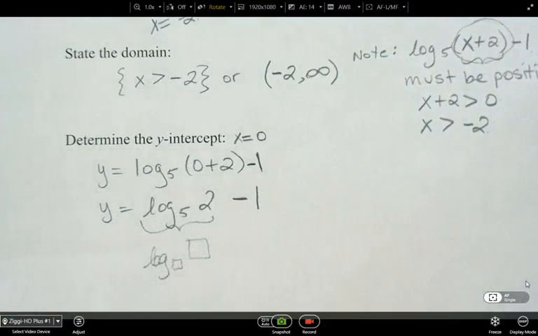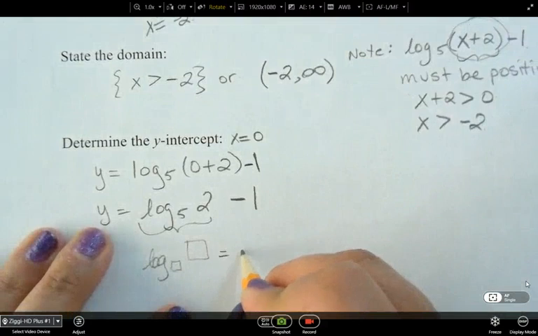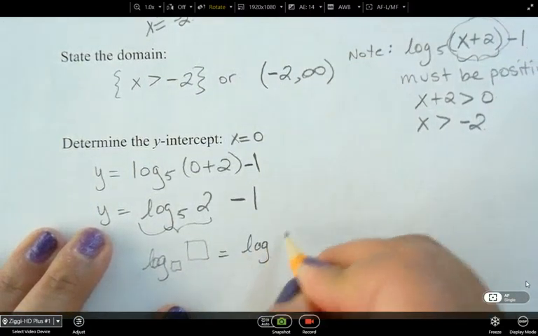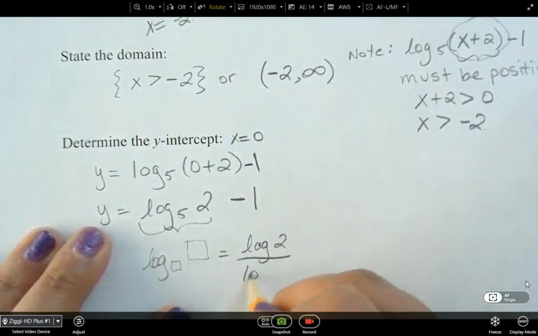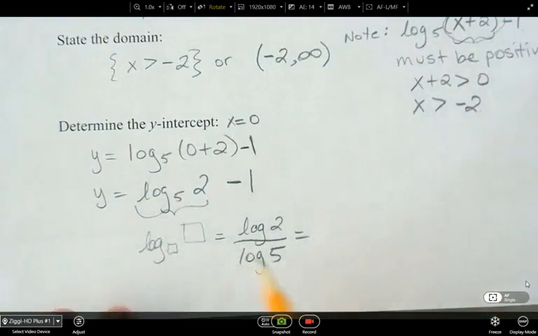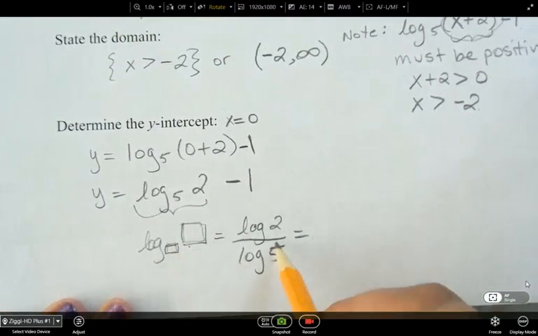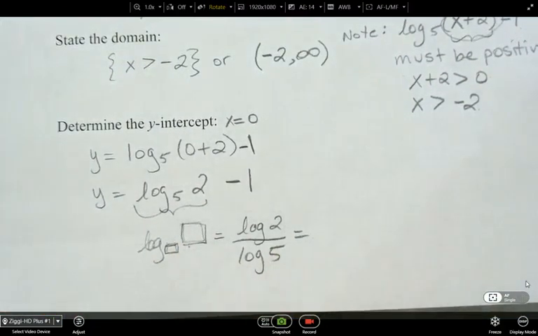If your calculator does not have that, what you have to do is go log 2 over log 5. If your calculator does not have this function, then you have to type it in like this: log 2 over log 5, and it'll be the same bases.